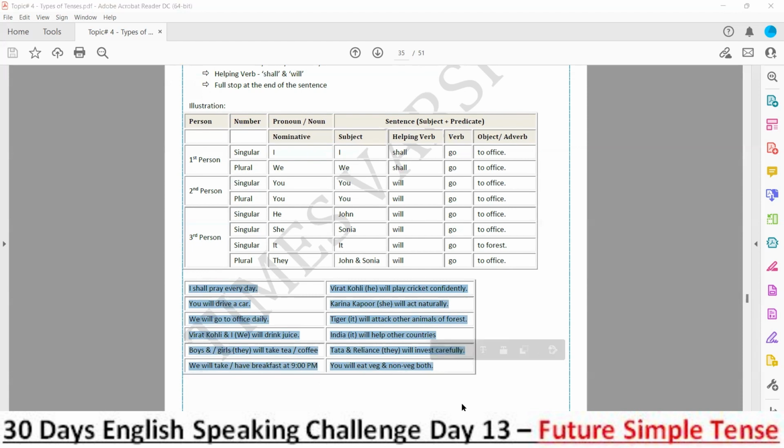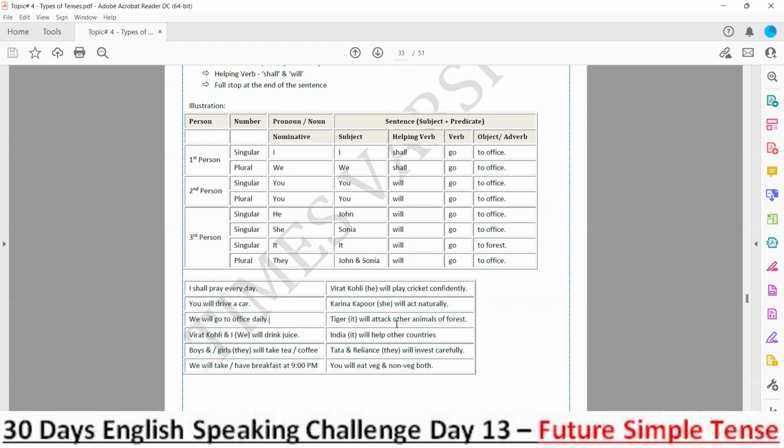I shall pray every day. मैं रोज दुआ करूंगा. Here, you can use this verb pray for dua and even for offering salah. So here you can say, I shall pray every day, that is, मैं रोजाना दुआ करूंगा या इबादत करूंगा. That is in future. I shall, मैं करूंगा. This is all future, right?